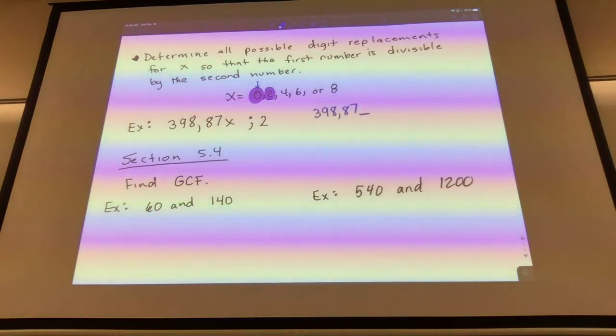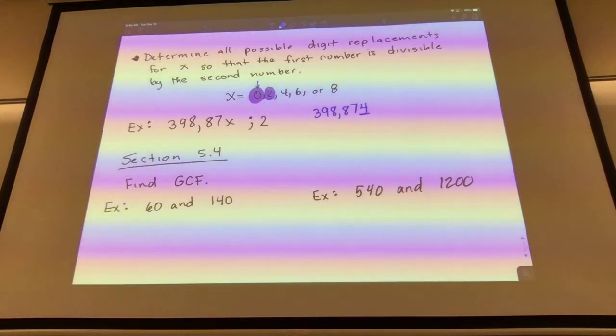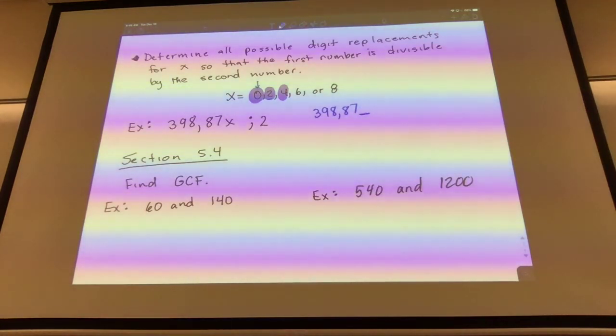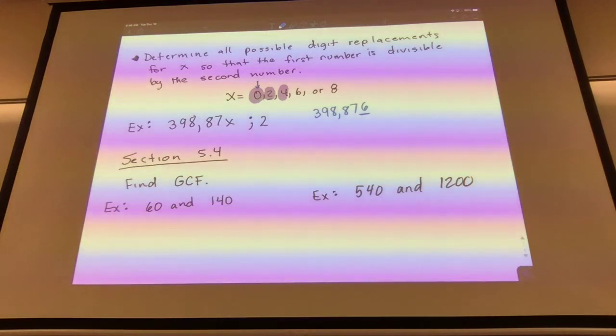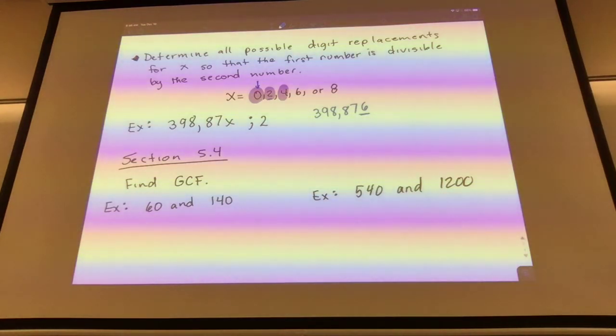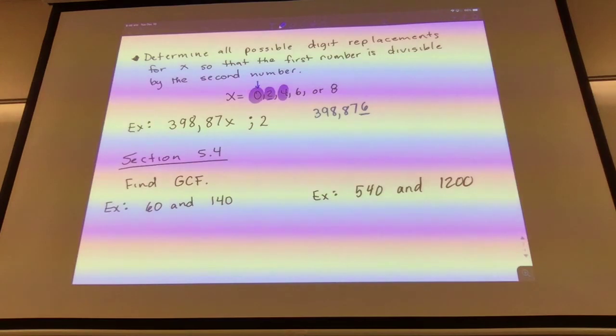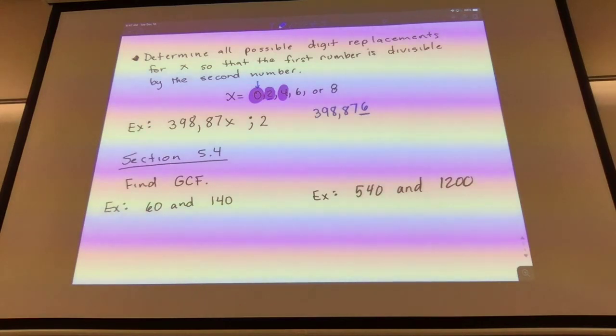If x is 4, that means there's going to be a 4 there. Is that number now divisible by 2? Yes. Okay, if I put a 6 there, remember the 6 rule says is it divisible by 2 and 3, right? Okay, so what do you think there?